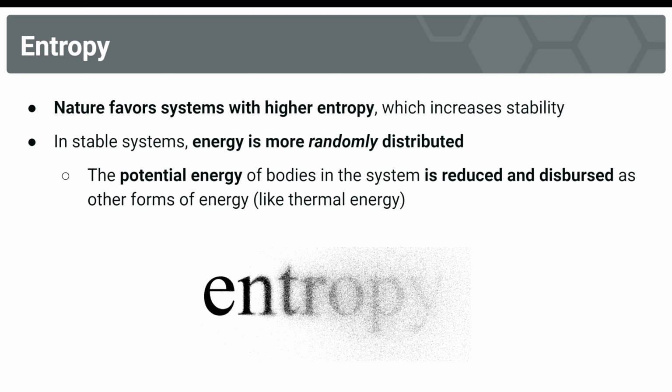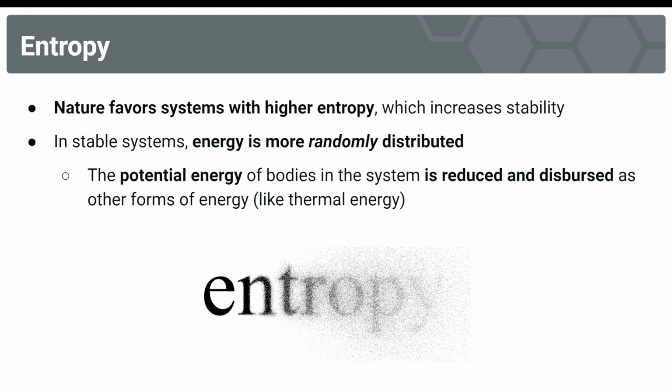The higher the entropy of a system, the more energy is randomly distributed in the system. Now, the key phrase here is nature favors systems with higher entropy. That actually increases the stability of a system. And in stable systems, then, energy must be more randomly distributed.